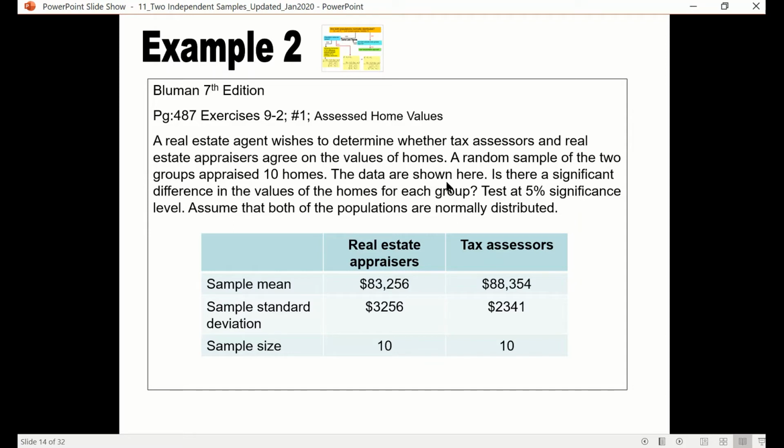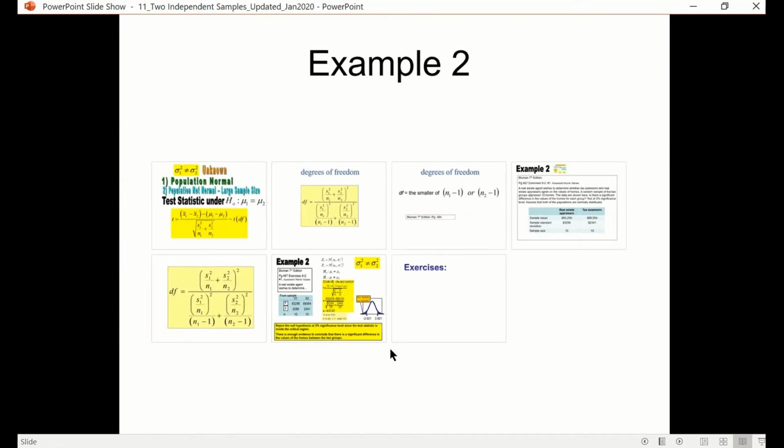The data are shown here. Is there a significant difference in the values of homes for each group? Test at the 5% significance level. Assume that both of the populations are normally distributed. Now these are all the information from the sample, and we have a small sample size here.